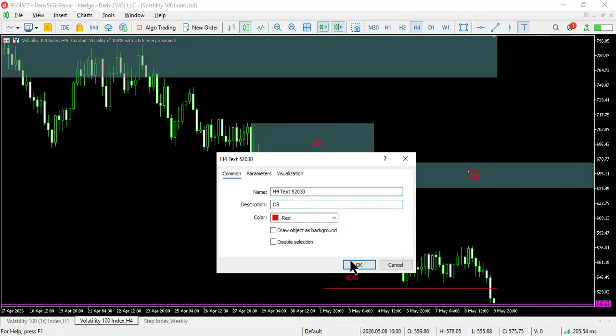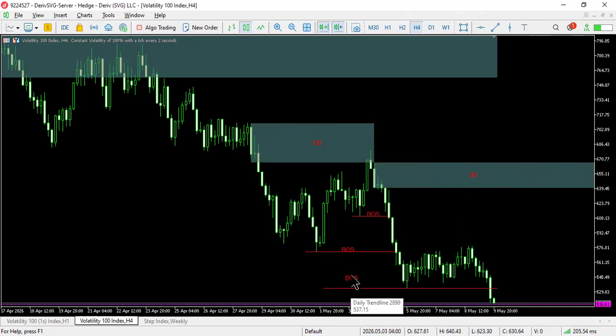So we have our order block unmitigated, and then I can see we also have this break of structure down here, and then I can see price is forming liquidity at this level, equal high liquidity at this level that I'm seeing.